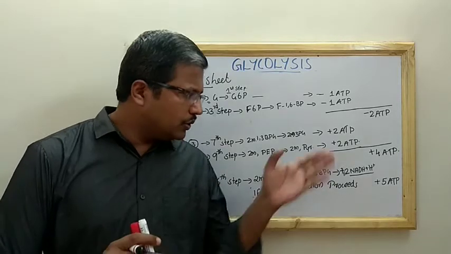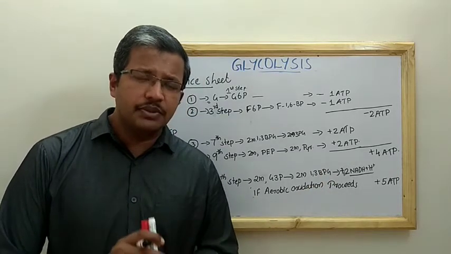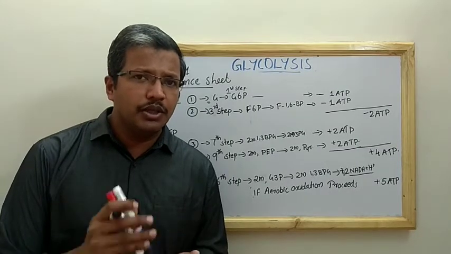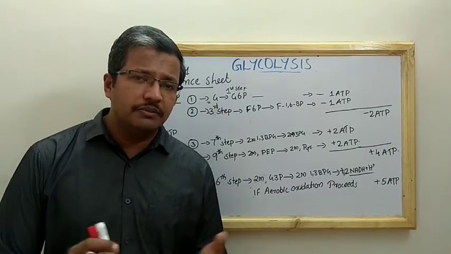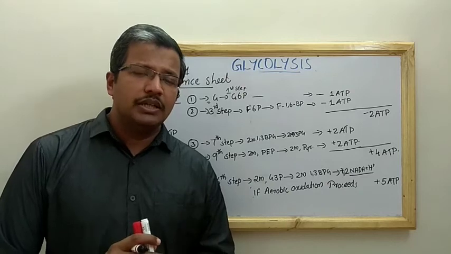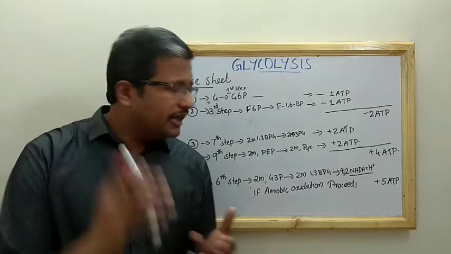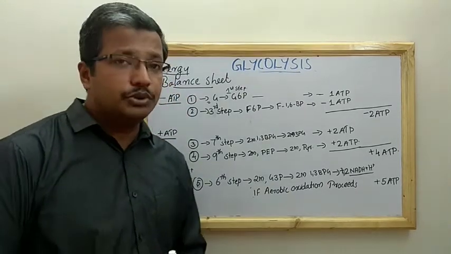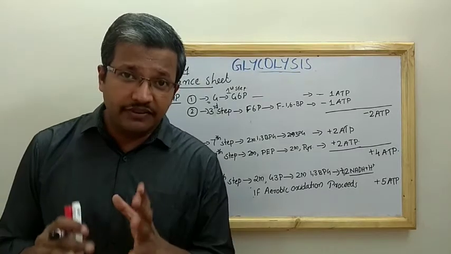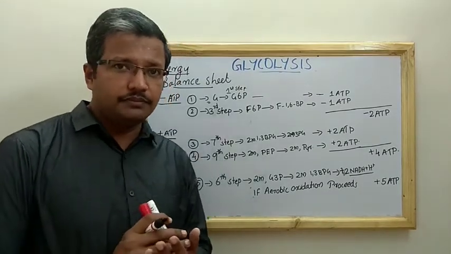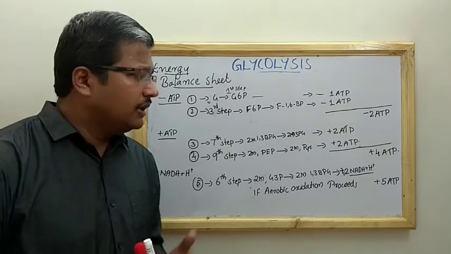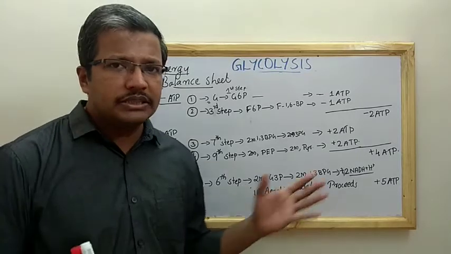So here 2 NADH plus H plus is formed, that means 2 into 2.5, that means 5 ATP molecules are released, only if aerobic oxidation proceeds. That means Krebs cycle happens after glycolysis. In anaerobic organisms, this will not be there.